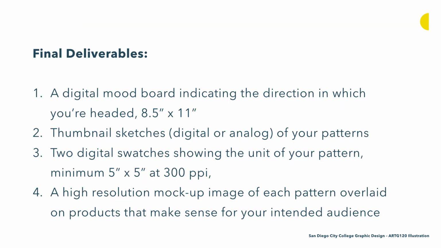So for the final deliverables on this project, you're going to have a digital mood board that's indicating the direction in which you're headed on 8.5 by 11. You're also going to have your thumbnail sketches, which can either be digital or analog of your patterns. By digital or analog, I mean that you could use your Wacom tablet or programs such as Photoshop or Illustrator to start with these if you would like, or you can use pencil on paper to begin the thumbnail sketches for these as well.